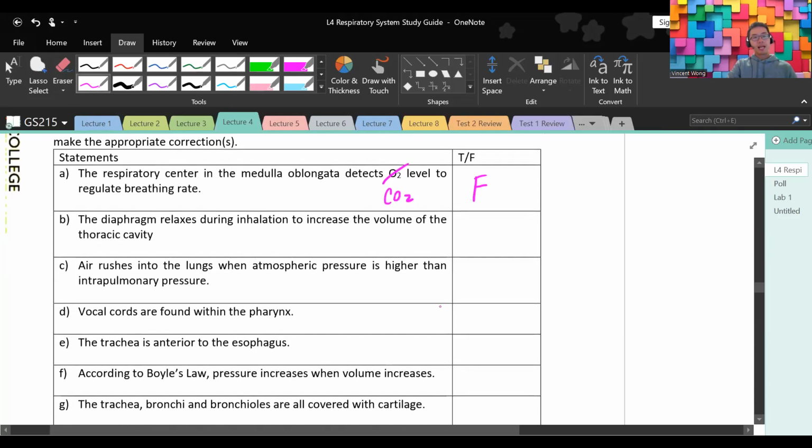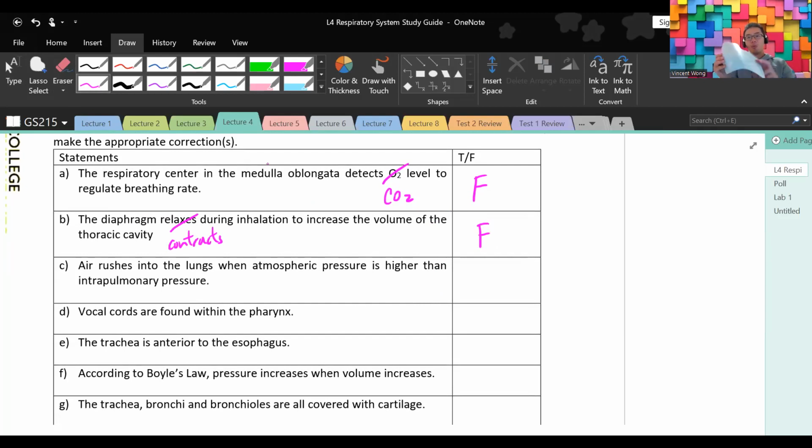The diaphragm relaxes during inhalation to increase volume of the thoracic cavity. That is false. The diaphragm contracts. It contracts, it moves down, and it becomes flat. Remember, the diaphragm can be dome shaped. That's the relaxed state. And then when it contracts, it flattens. Relax, flattens.